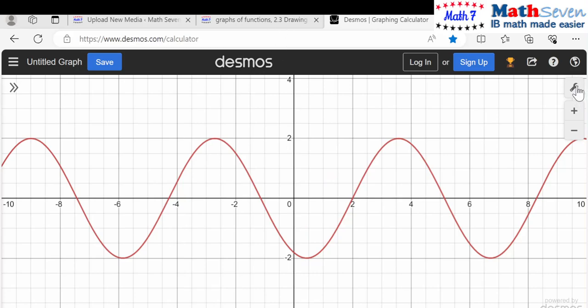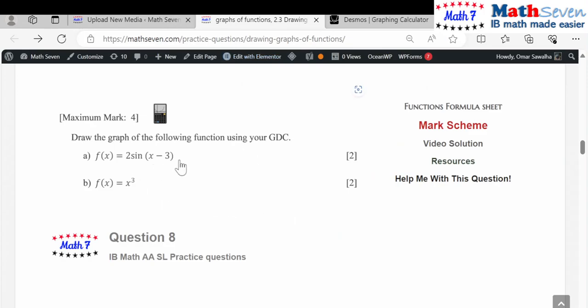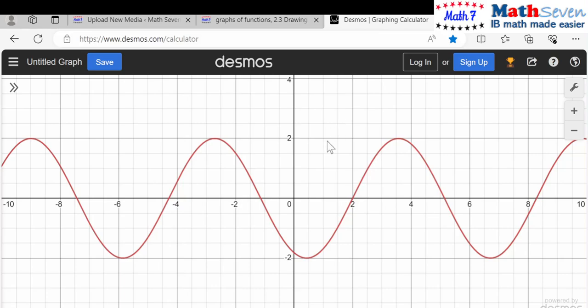We're going to talk about the trigonometric functions in detail later on in grade 12, in the second semester, and they carry a lot of marks in your IB exam. Now, for the other parameter of the function, minus 3, there's a horizontal shift of about 3 units, in radians, not in degrees.